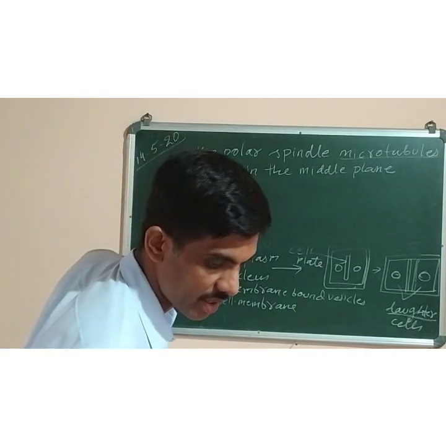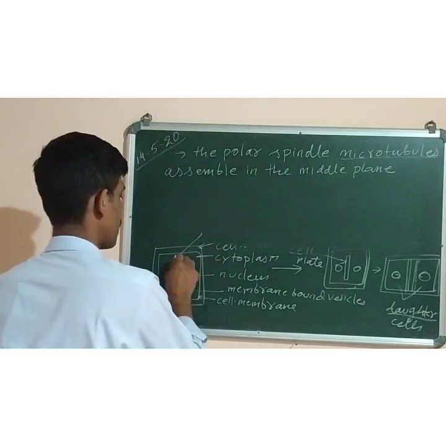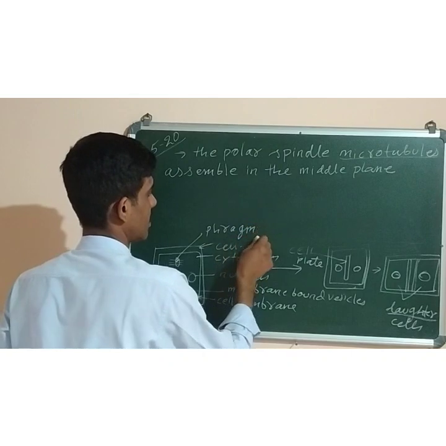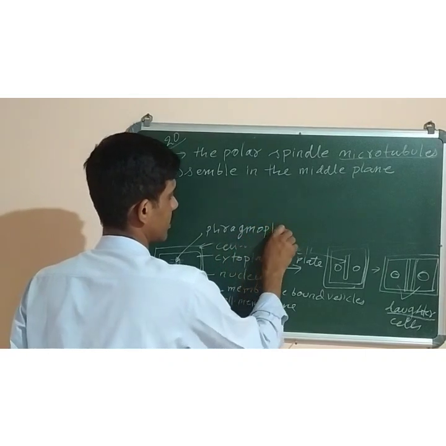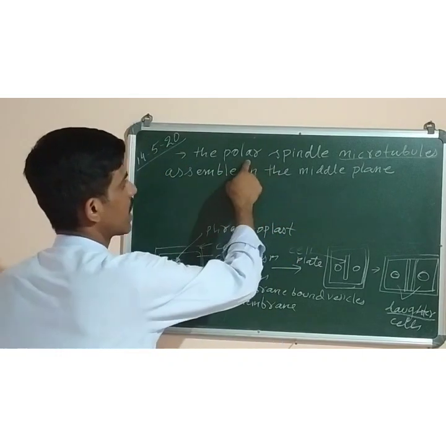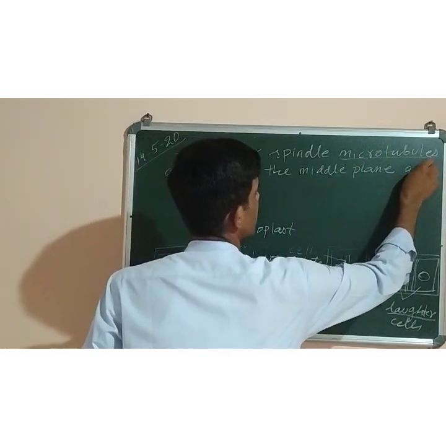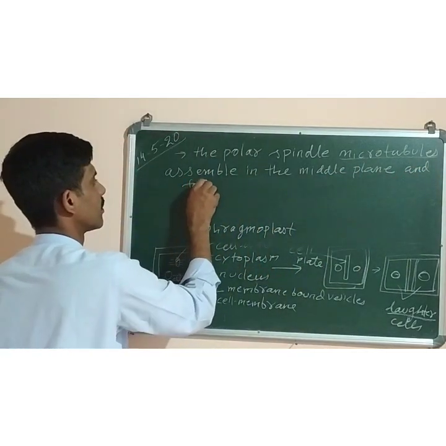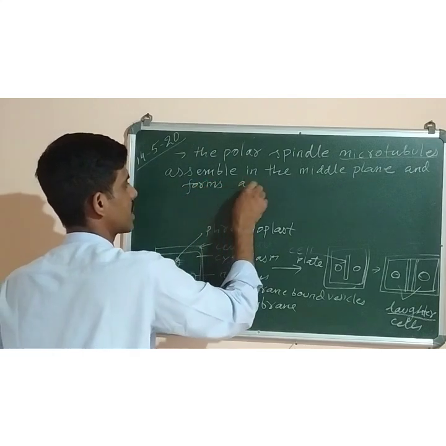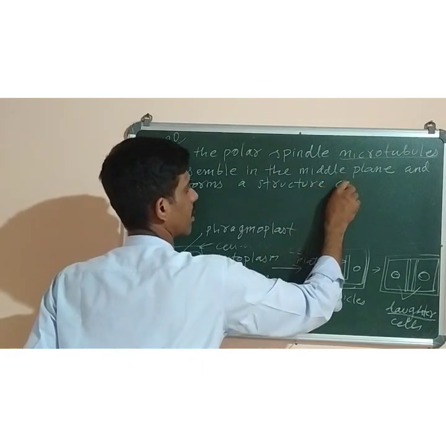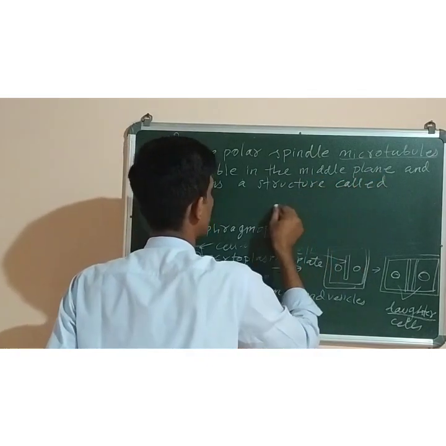I have not marked phragmoplast here. This structure is called phragmoplast. The polar spindle microtubules assemble in the middle plane and form a structure called phragmoplast.